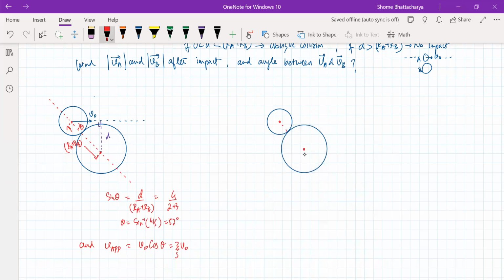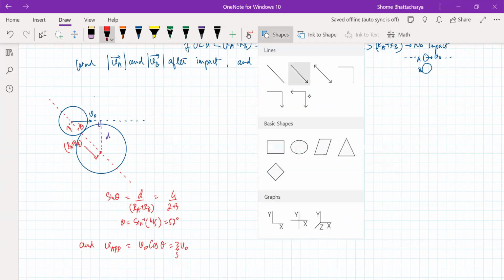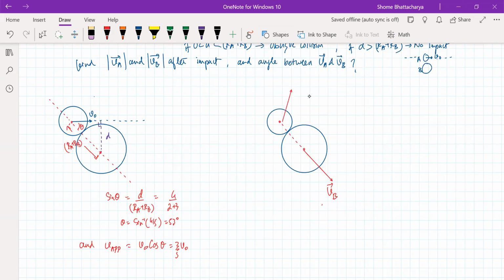So one thing that we know for certain is that B will have a velocity which is along this line only, because it was at rest initially. So our VB will be along this line. Now VA is the one where we don't know what the direction will be. So let's just assume that VA is in some random direction like this.